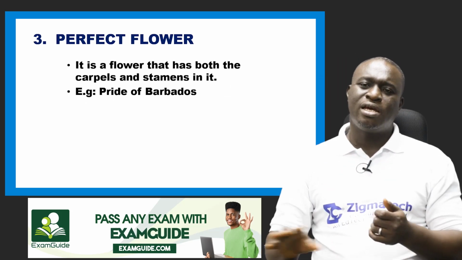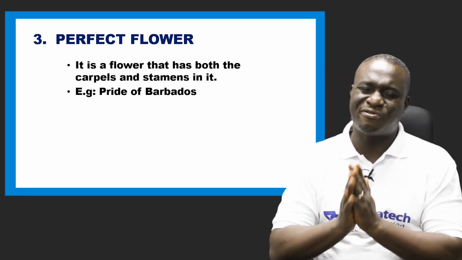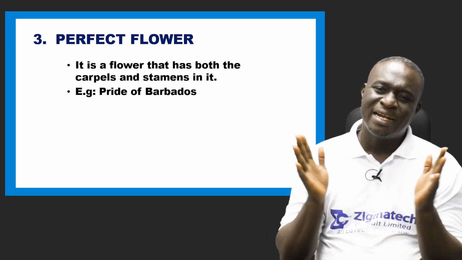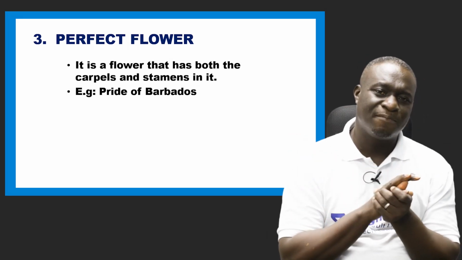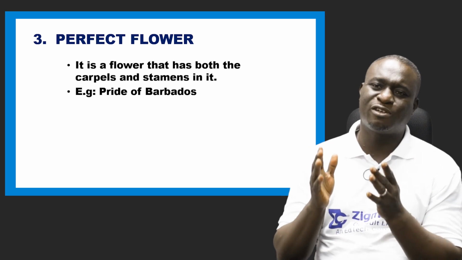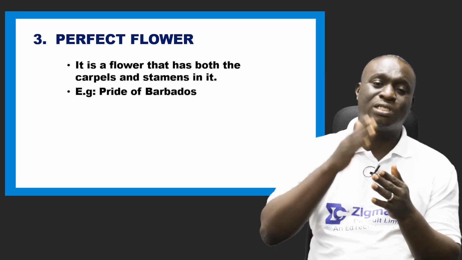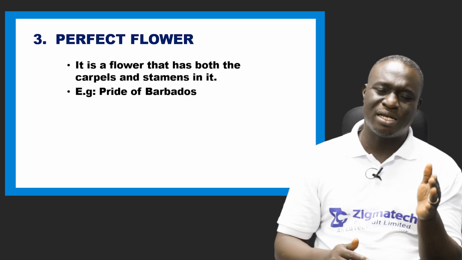Now, number 3 is what we call the perfect flower. Why do we call it a perfect flower? It is referred to as a perfect flower because it has both the carpels and the stamens in it.